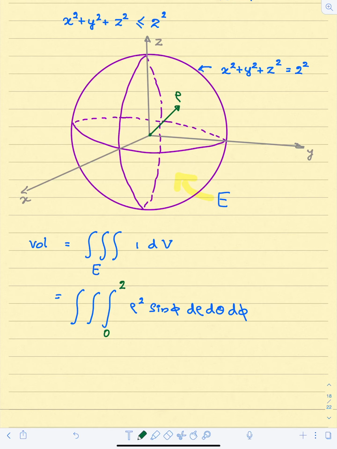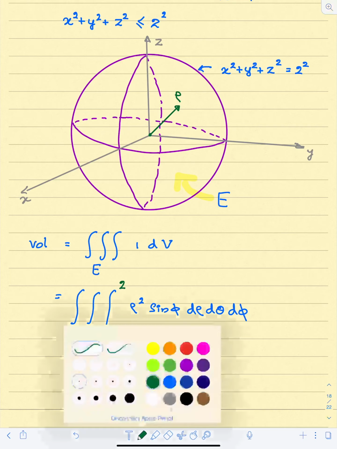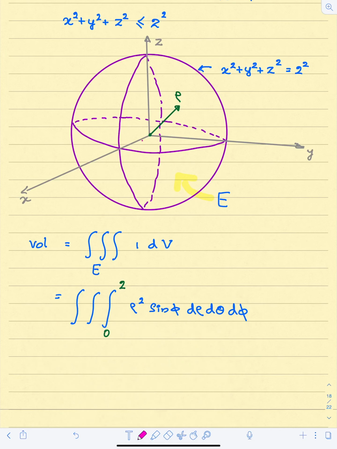Now angle theta is on the xy plane, so we need to cover this entire xy plane. Therefore theta goes from 0 to 2 pi, and angle phi, so this is our angle phi.